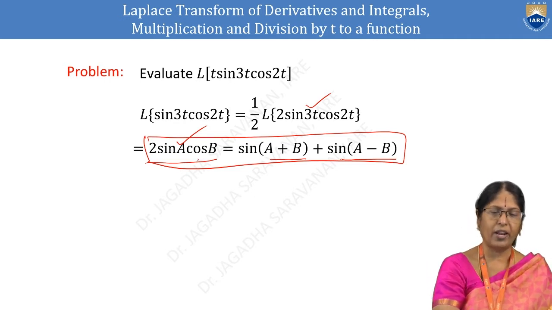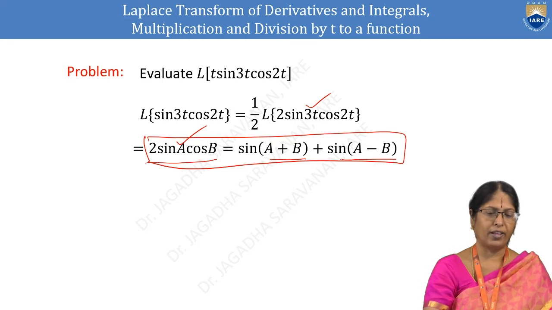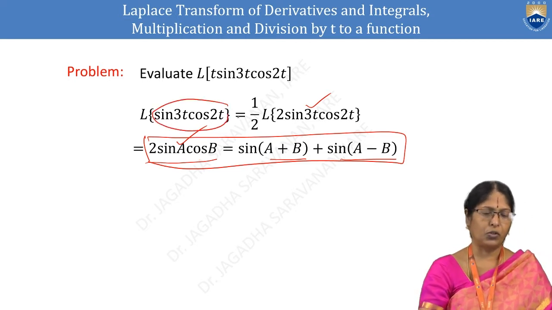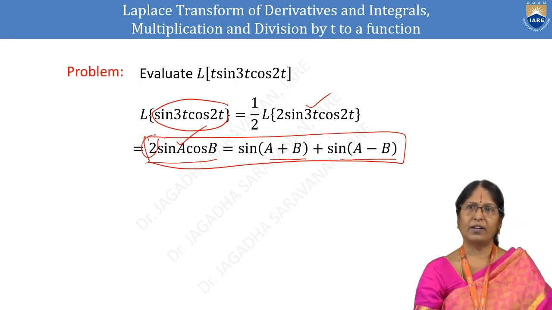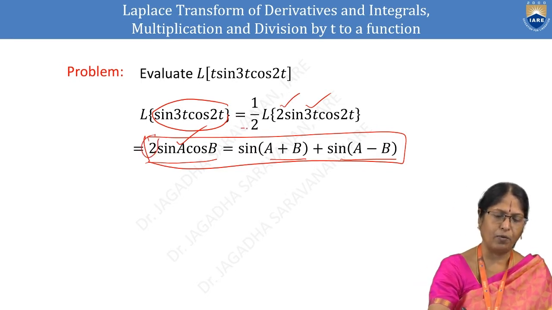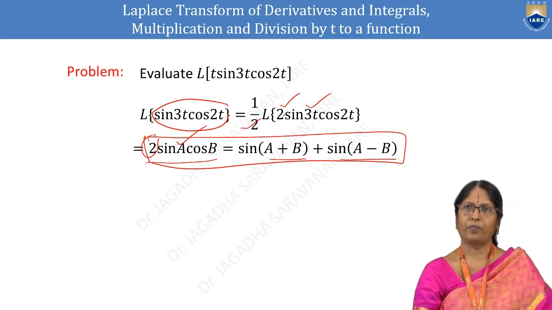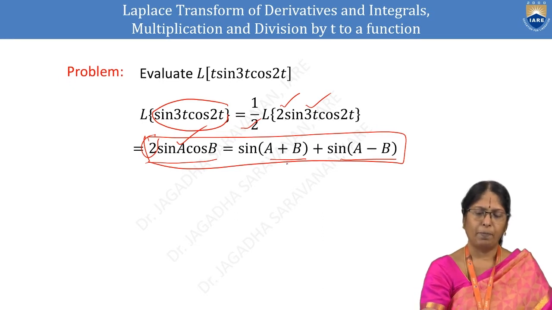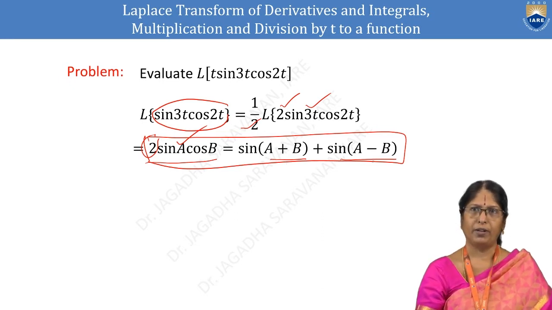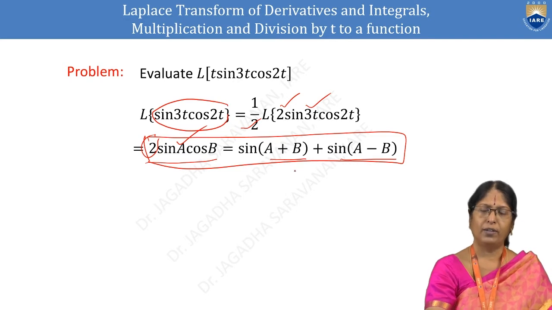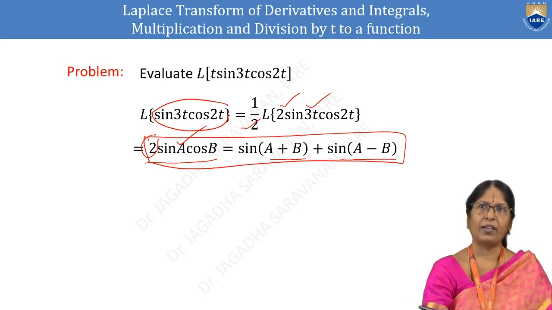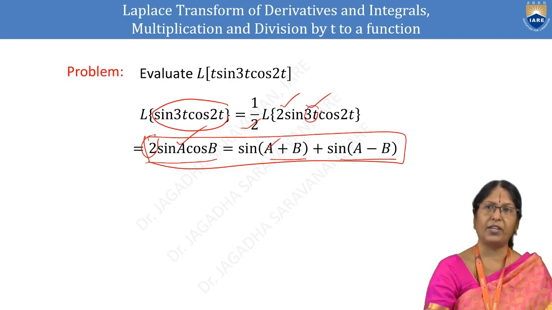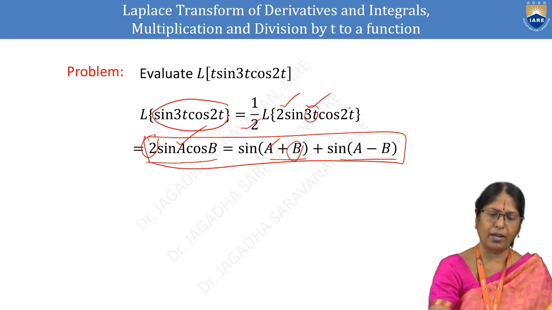Here 2 sin A cos B is there, whereas in our problem only sin A cos B is there. The 2 is missing. That is the reason we multiply and divide by 2. Fine. So sine of A plus B plus sine of A minus B. Comparing this formula with our given question, A is nothing but 3t, B is nothing but 2t.